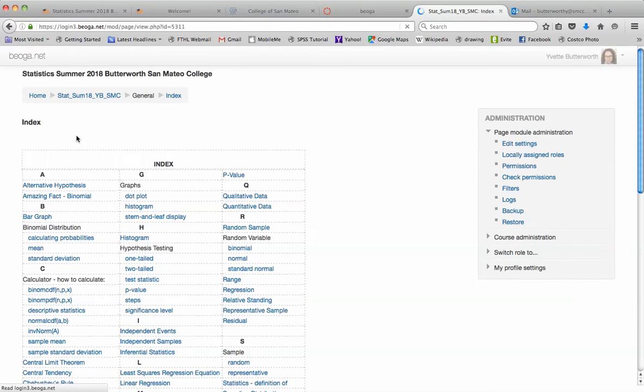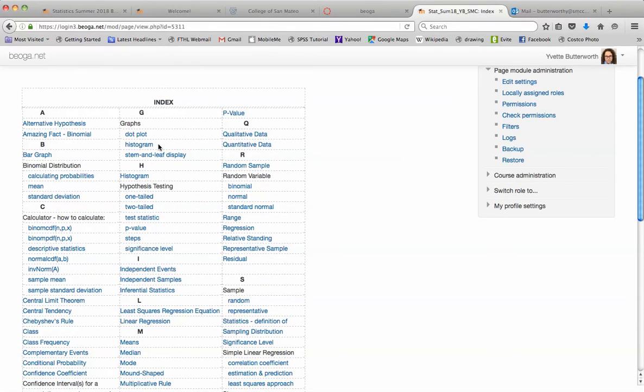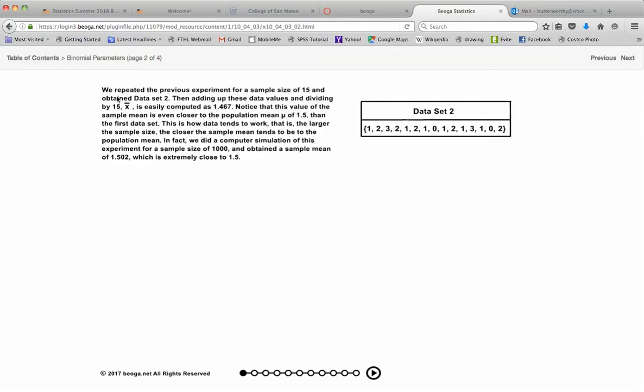If you have a question, the first place you should go to try to answer it is the index. Somebody had just a couple of weeks ago in my other class that's going on a question about binomial distribution. They had a question about the mean and the standard deviation. And you notice that here in the index it says binomial distribution, mean, standard deviation. The cool thing is when you click on these, it actually takes you to the interactive slides where this is being discussed.